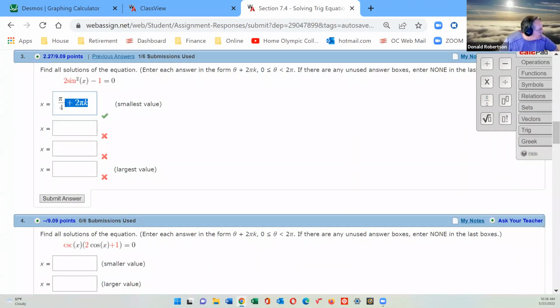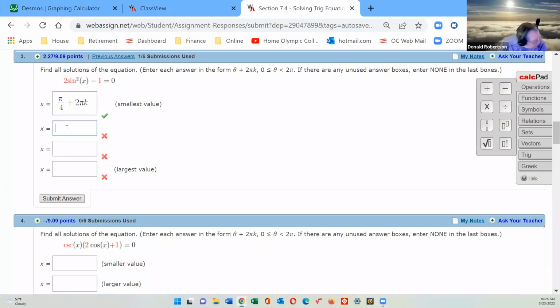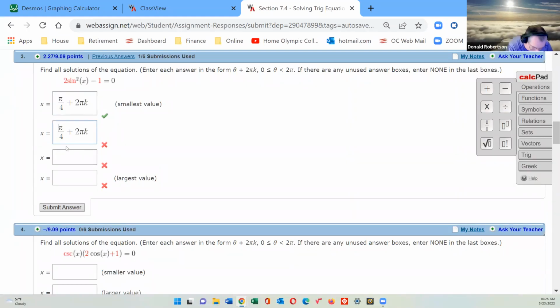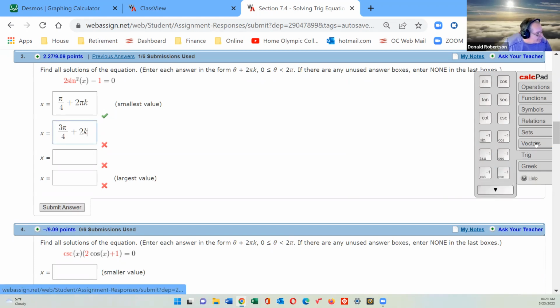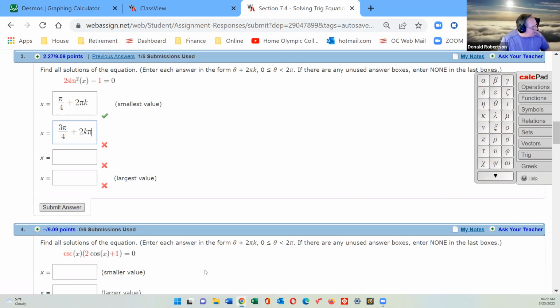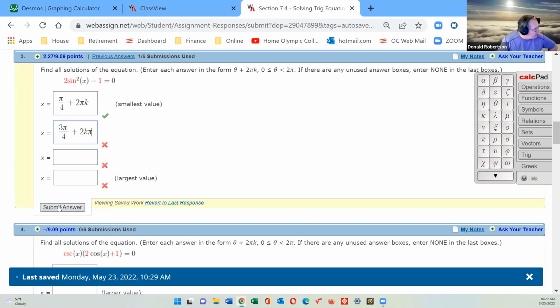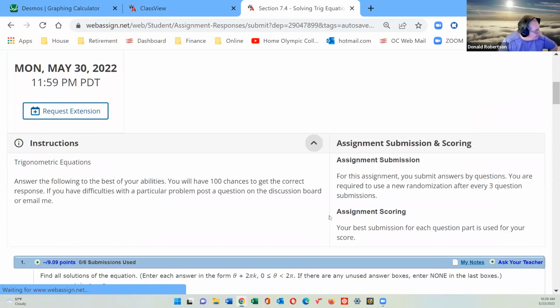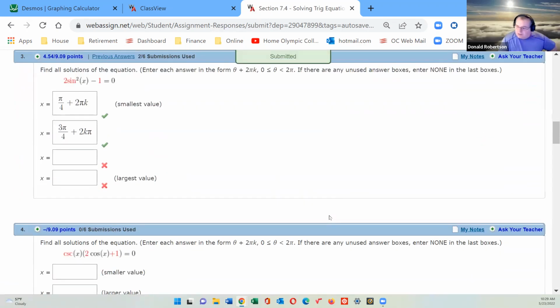So let me put in 3/4 pi, but let's switch that round. Okay, so second try. It seems to be happy with either 2k pi or 2 pi k.